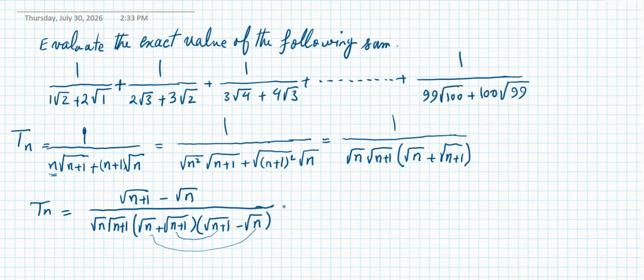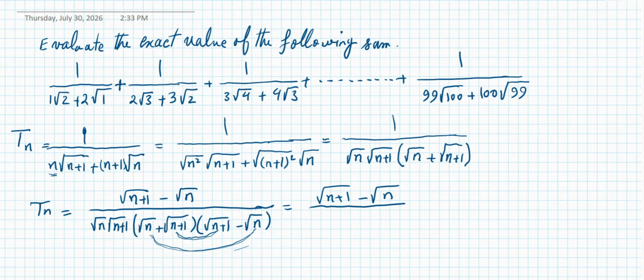So we get the square root of n plus 1 minus the square root of n divided by, and the result of this would be 1, because we get n plus 1 by multiplying these two terms and minus n by multiplying these two other terms.